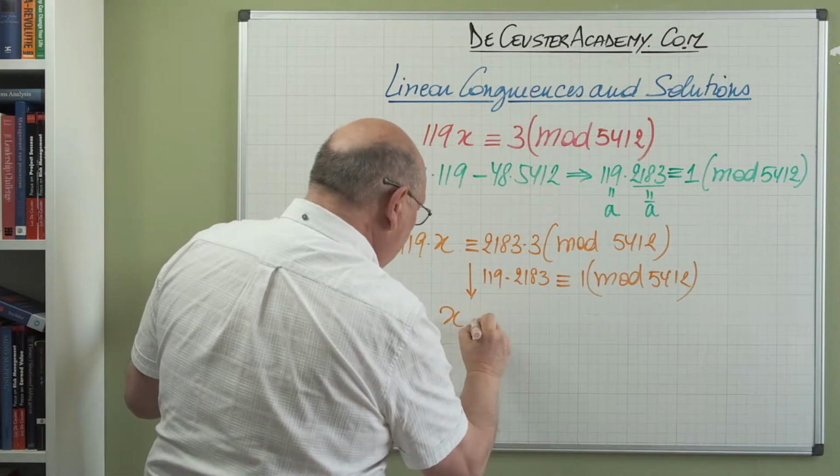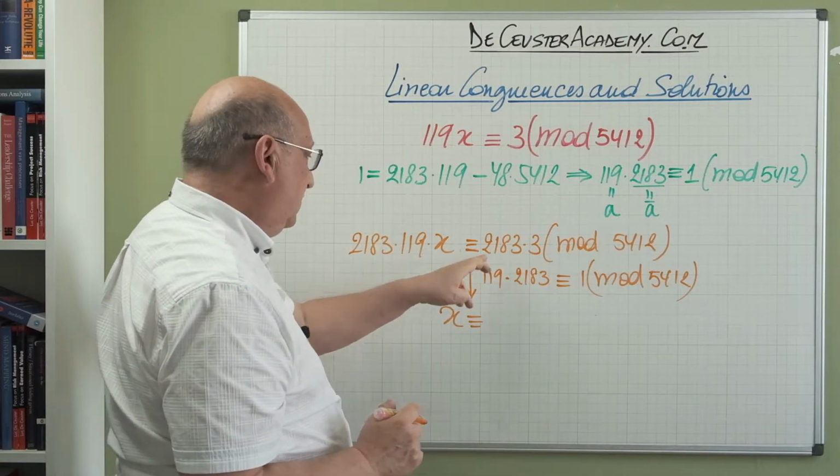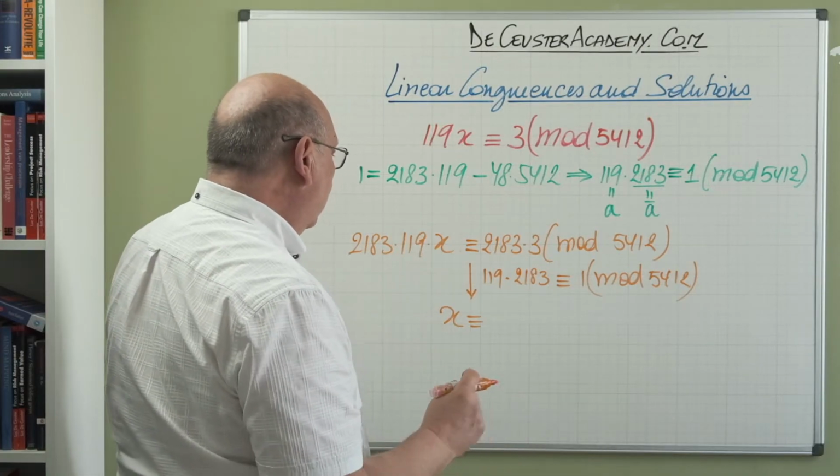So we can say that x is congruent with 2183 times 3.